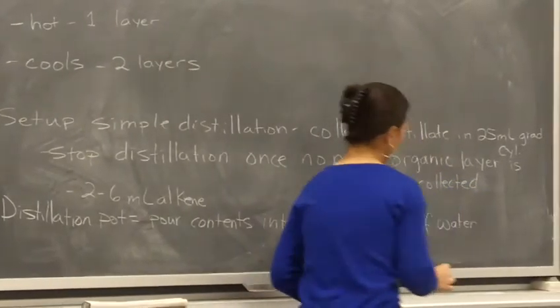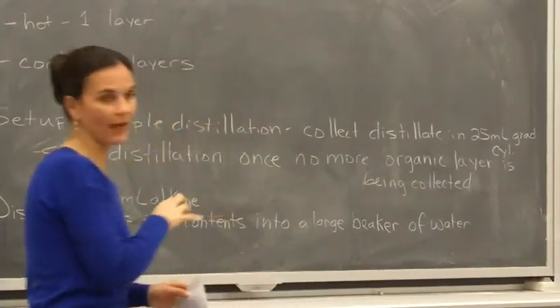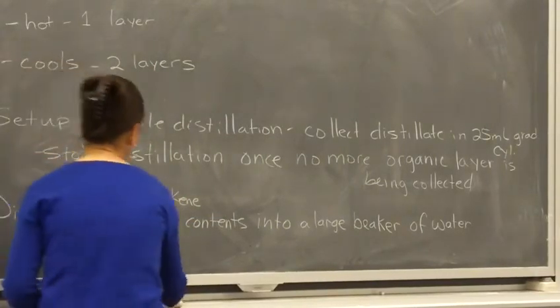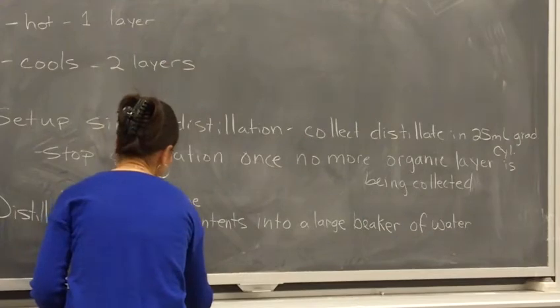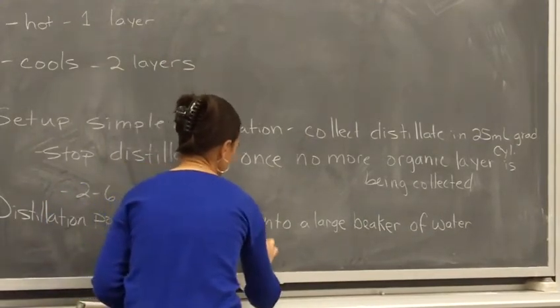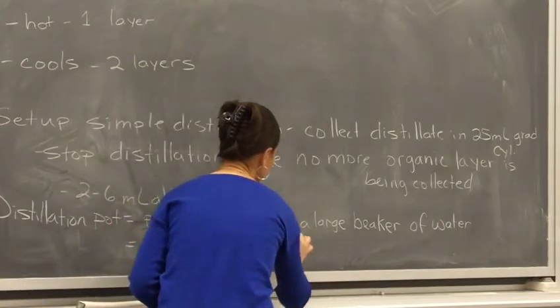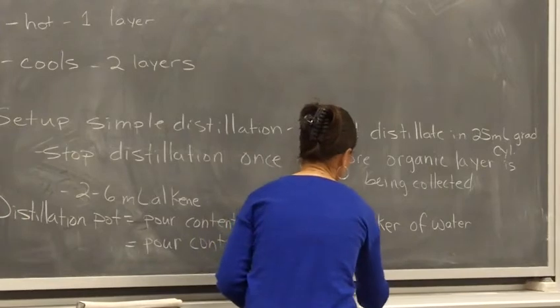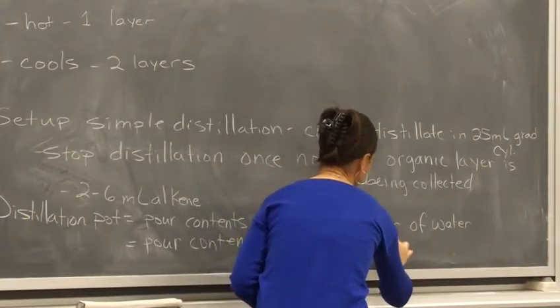And just carefully pour that into the water. We're diluting that acid, okay? And then you're going to pour the contents of the beaker down the sink with lots of water.